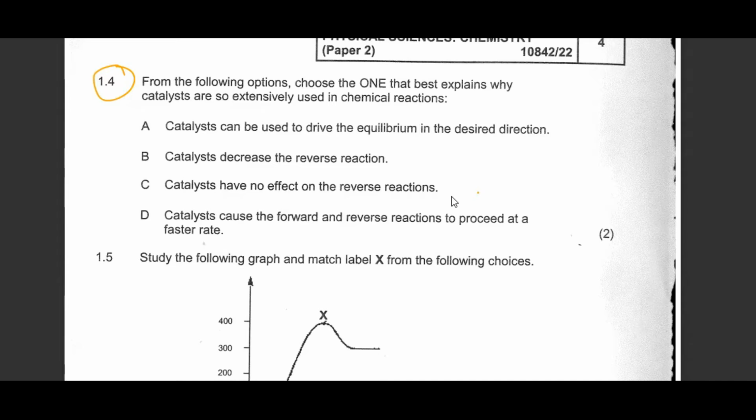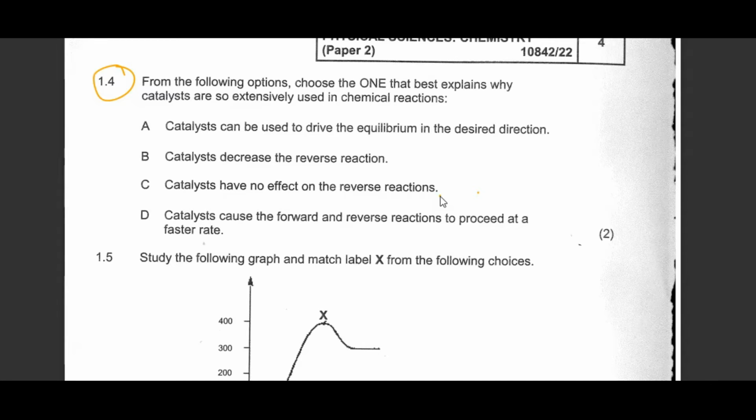Catalysts have no effect on the reverse reaction. Catalysts cause forward and reverse reactions to proceed at a faster rate. So they are asking you to choose the option that best explains why catalysts are widely used in chemical reactions.